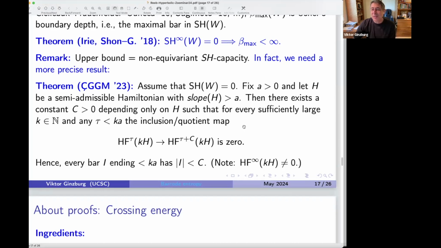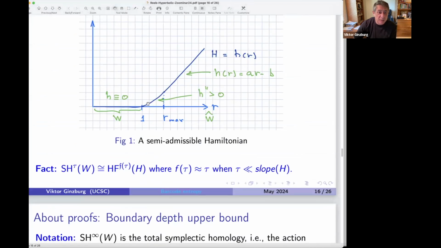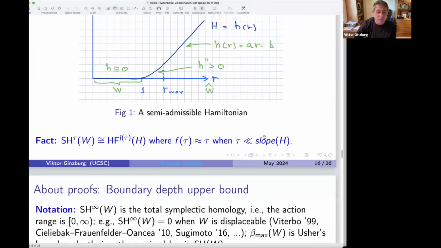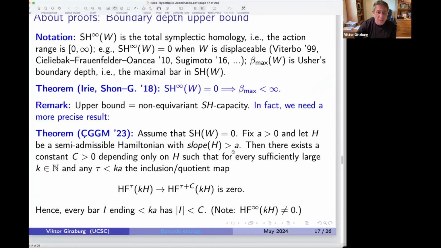It illustrates pretty well how this actual proof goes, what flavor it has, and it's a little bit painful. So let's take an admissible Hamiltonian and let's fix a parameter slightly below the slope of it. I denote that parameter by A.